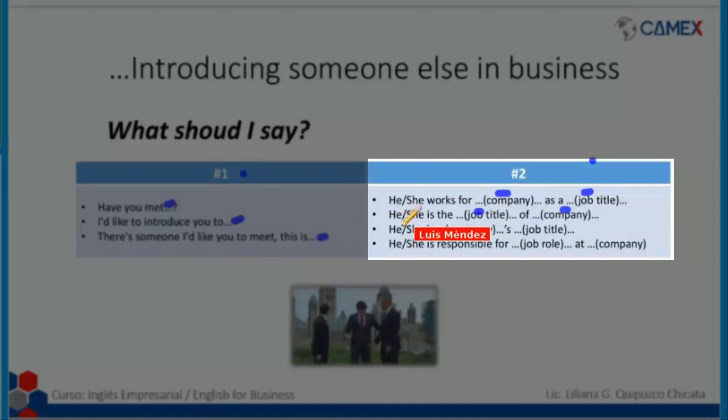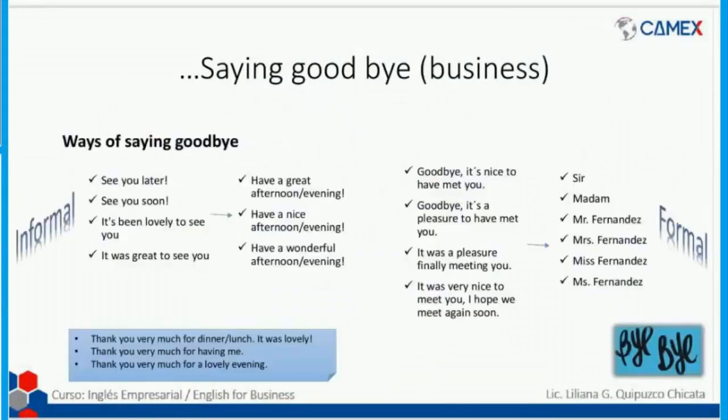Another option is he or she is, and you say the company and the job title. Finally, you can say he or she is responsible for, and you say the job role, and then at, and you use the company.